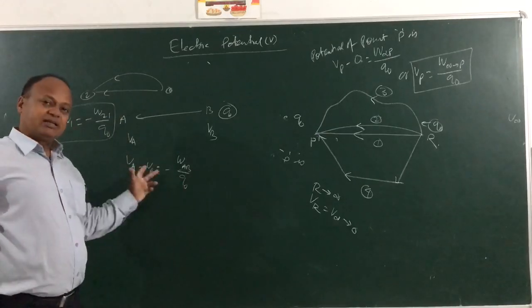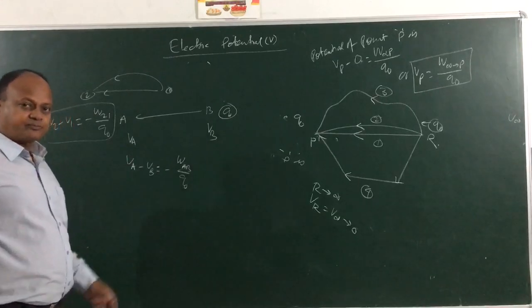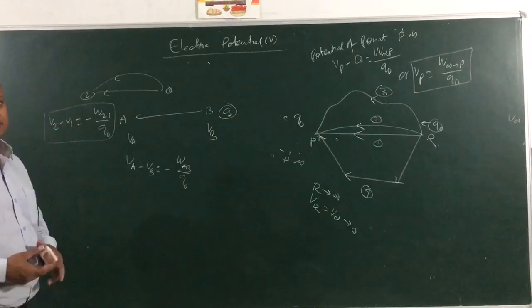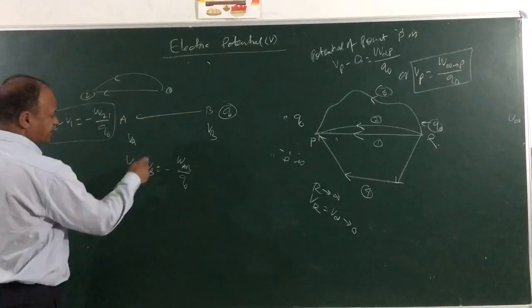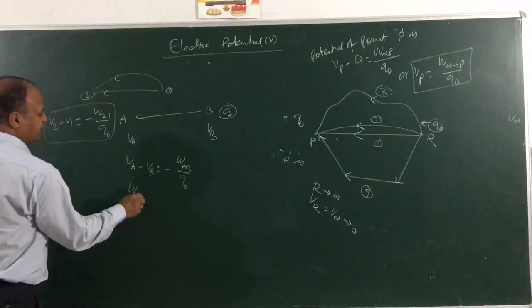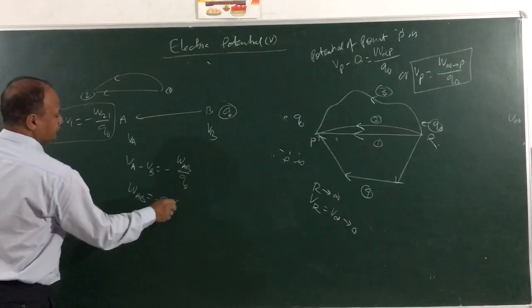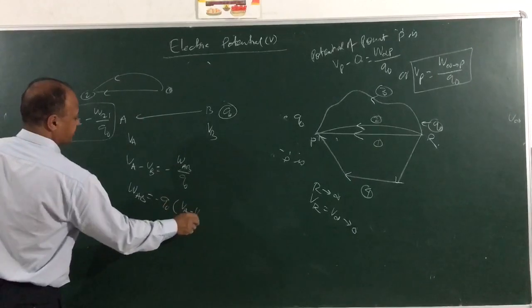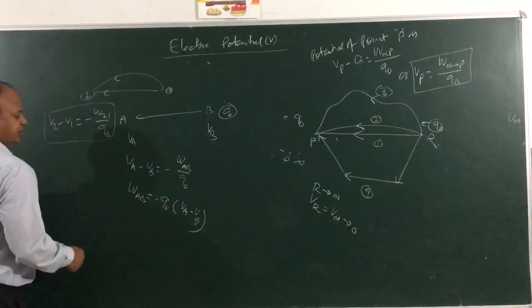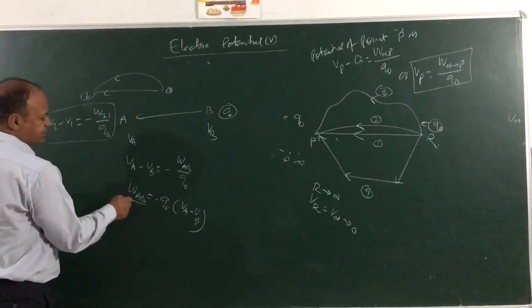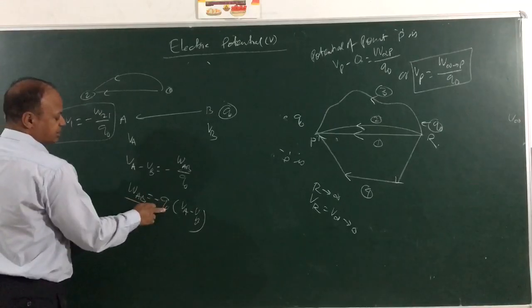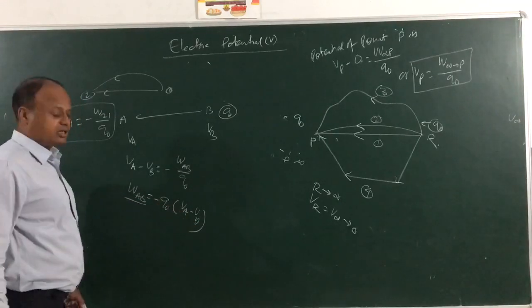Now if you cross multiply this result, then I come across a very important relation. If I multiply, W_AB is minus q naught into (V_A minus V_B), or here you can say work done is equal to minus q naught into potential difference.